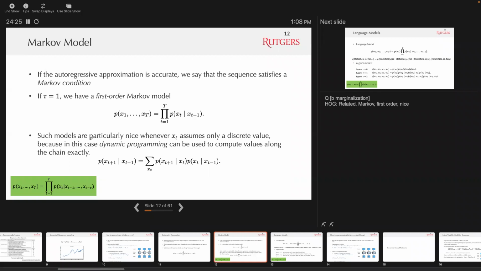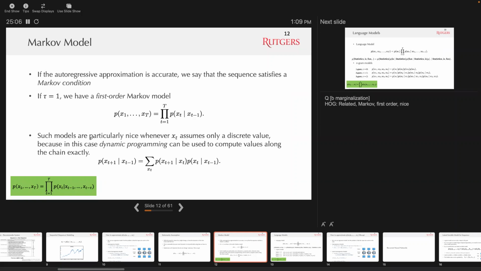To compute this value, you first need to have this joint distribution of x_{t+1} and xt given x_{t-1}. And then you're going to marginalize xt out. If you marginalize xt out, then you're going to get p of x_{t+1} given x_{t-1}.